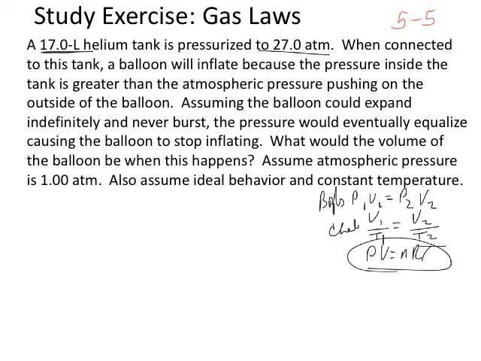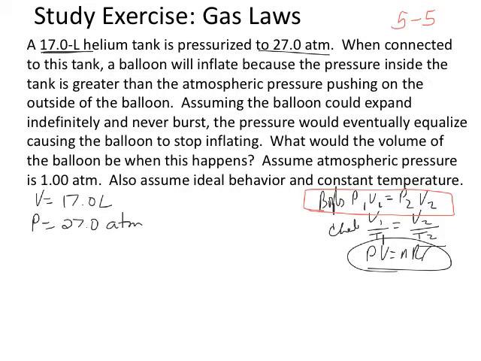So they're giving you what? They're telling you a helium tank, and they're giving you volume is 17.0 liters, and they're giving you pressure 27.0 atmospheres. So this is looking a lot like Boyle's relationship.